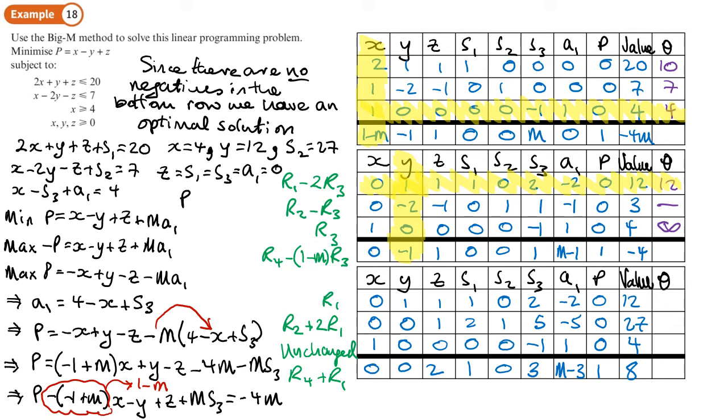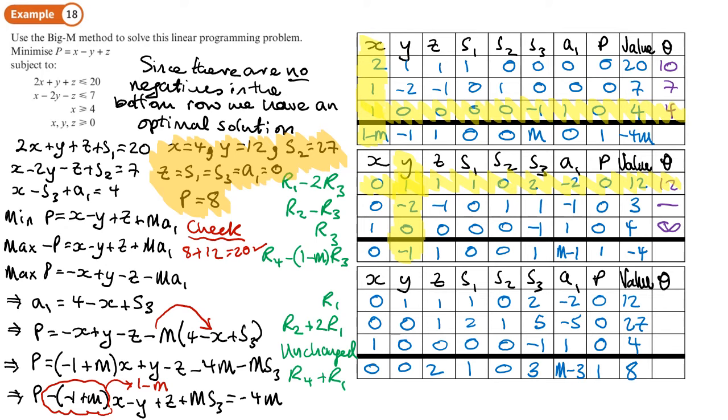Right, so just like the previous example, what we're going to do is just quickly check to see if these values satisfy the equations that we had before. Right, so what were they? So 2x, that's 8, plus y, which is 12, plus z, which is 0, plus s1, which is 0, should give me 20, so it does.